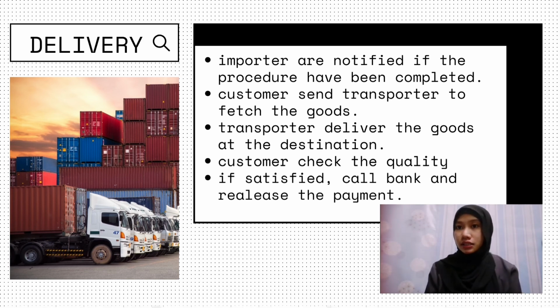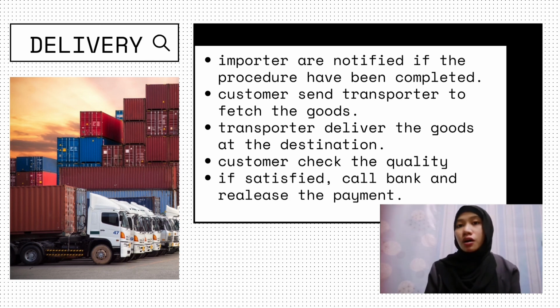Delivery exists when an order from the importer is being met. For example, importer Nana has ordered goods from exporter Kevin in Australia, and importer Nana has been notified that the cargo has arrived at the port.